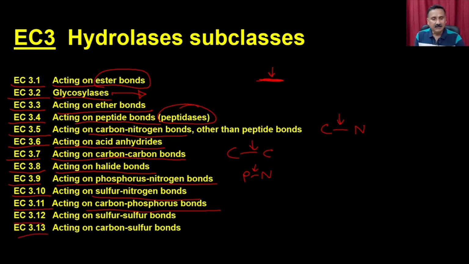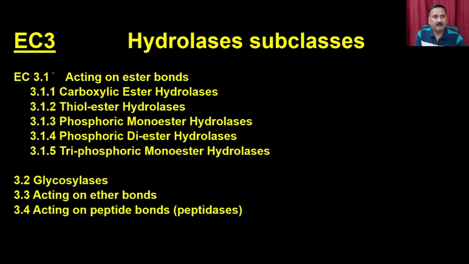Okay. And these are further divided into subgroups, right? For example, EC 3.1, which acts on ester bonds, is further divided into subgroups. So 3.1.1 works on carboxylic ester hydrolases.